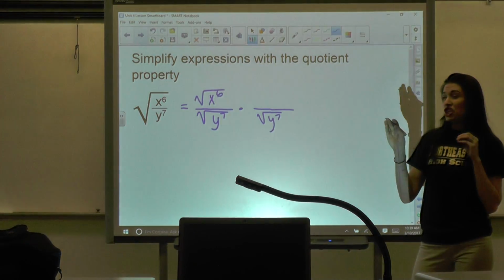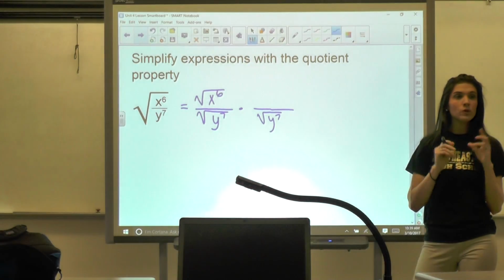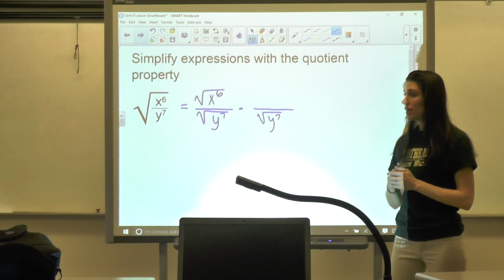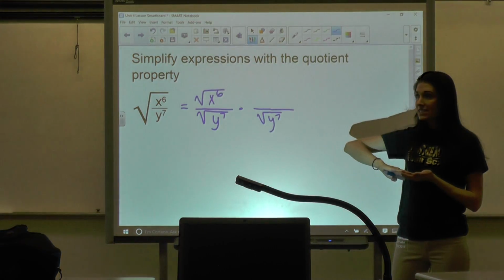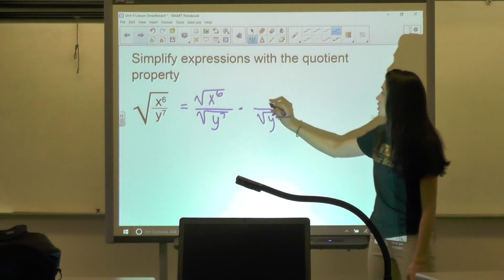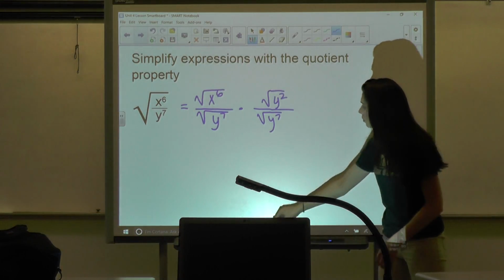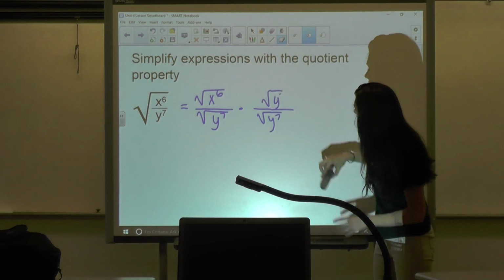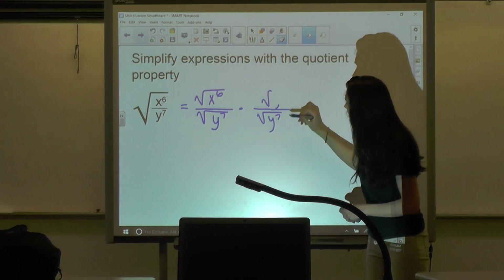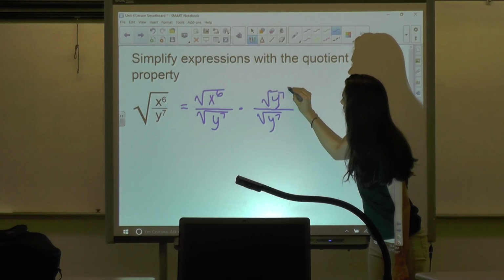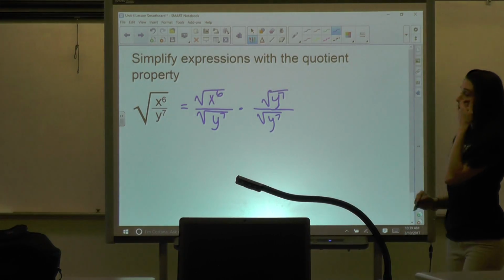But we don't want to change the expression at all, so you want to multiply it by 1. How do you do that? Anything over that same number is going to give you 1, so you want to multiply it by the square root of y to the power of 7 over the square root of y to the power of 7.